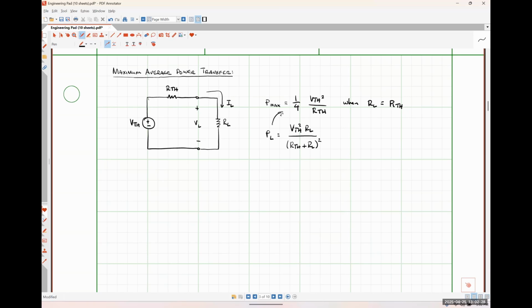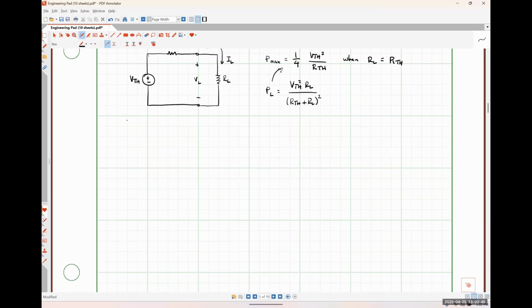Well, we're going to do something similar here, but now we're going to do it in the frequency domain. So instead of dealing with resistances, we're going to have to deal with impedances. And instead of dealing with some Thevenin DC voltage, we're now going to be dealing with some phasor Thevenin voltage. Okay? So for AC circuits, we might have something that looks like this.